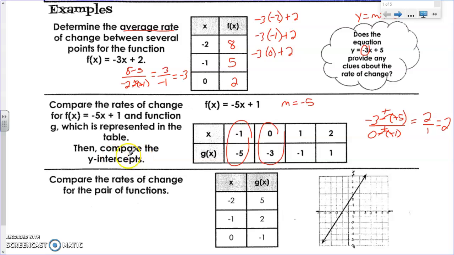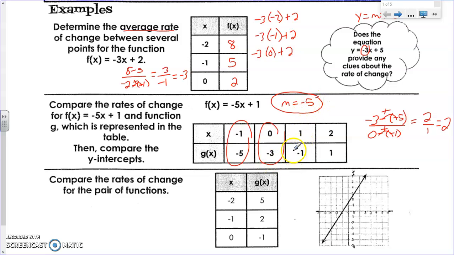So if I'm comparing the slopes, we're going to compare the slopes first, and then we're going to compare the y-intercept. So if I'm comparing the slopes, which one has a greater rate of change? This one. Now, don't say, oh, but Miss Lewis, it's negative 5. Remember, the negative only shows me the direction of the line, not the size of the slope. So 5 is the slope.